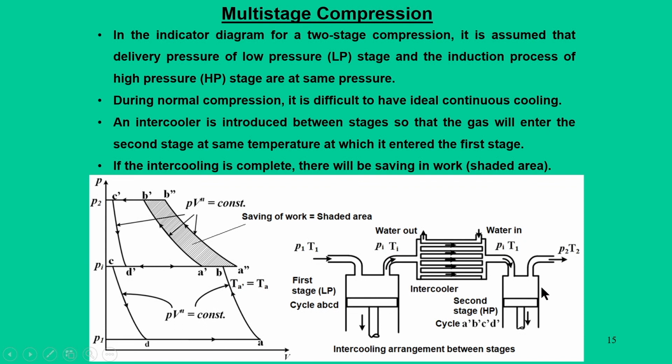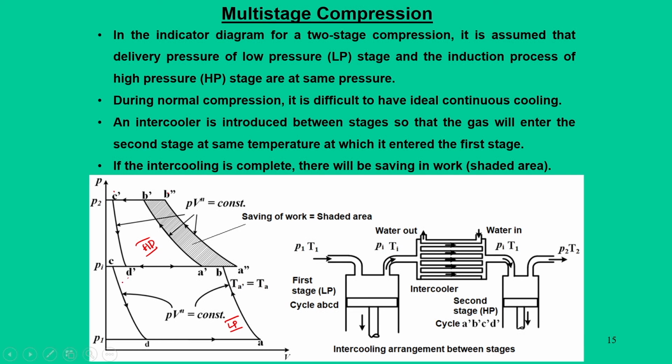If you look at this particular PV diagram, the LP stage is this bottom part, the high pressure stage is the top part, and the cycle in the high pressure stage is A double dash, B double dash, C dash and D dash.